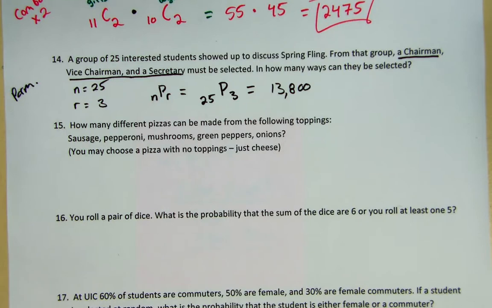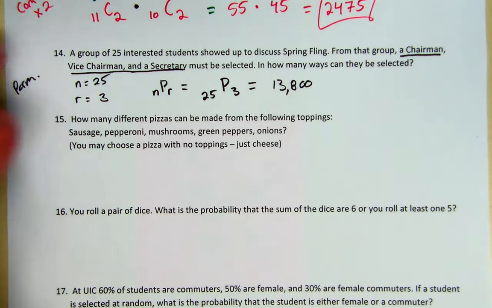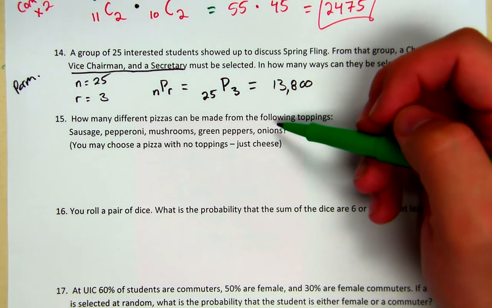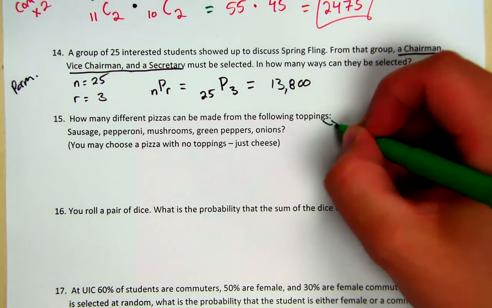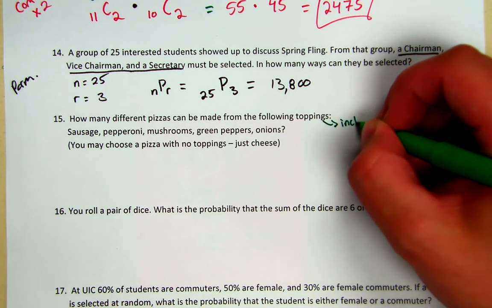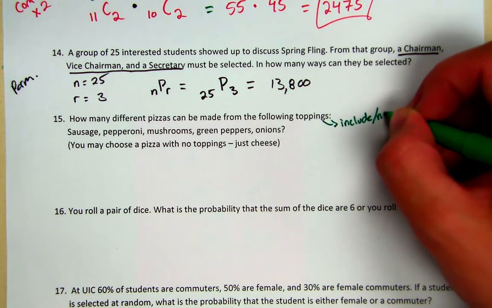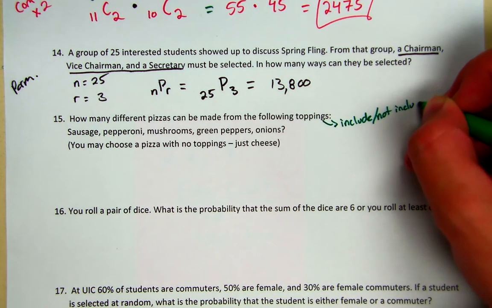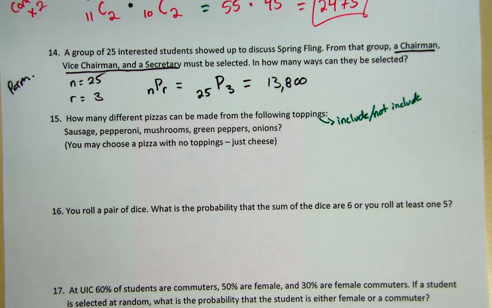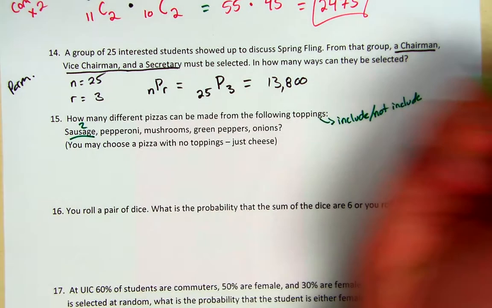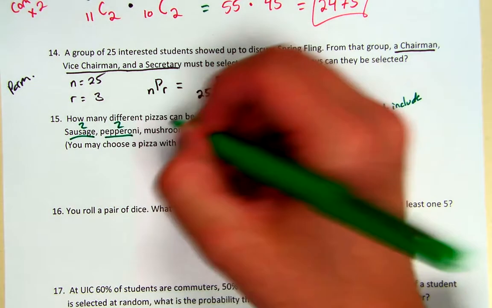Alright, moving along. Number 15 here. How many different pizzas can be made with the following toppings? Now remember, with toppings, we can include and not include. So be careful there. So we got sausage, so that's 2. Pepperoni, 2.